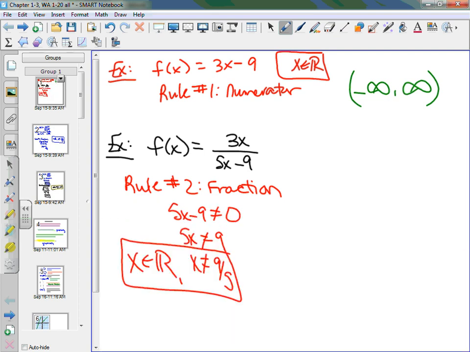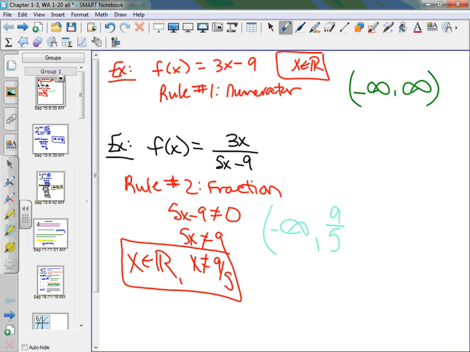Okay, what about this one? x is an element of the reals. x cannot be 9/5. What's the smallest value it can be? Negative infinity. So I start at negative infinity. I close my parenthesis. And where do I have a hole? What can it not be? It can't be 9/5. So at 9/5, can I include 9/5?